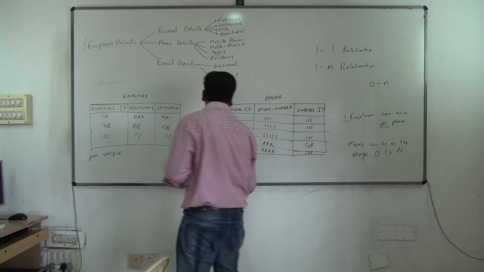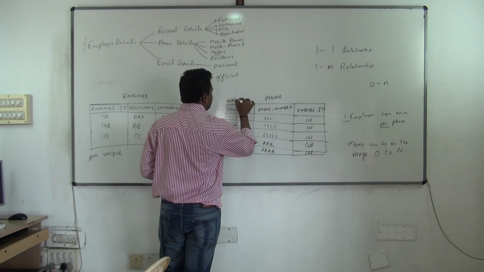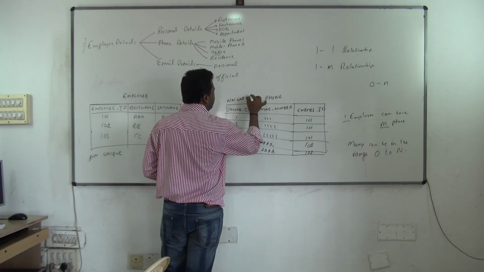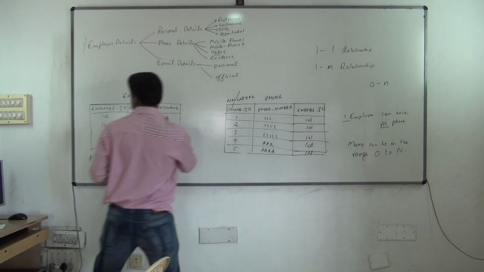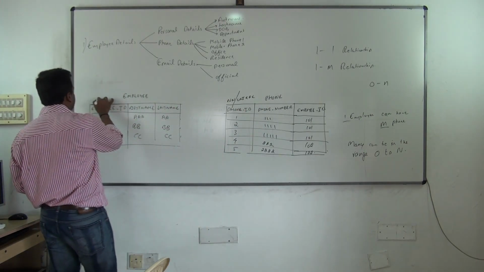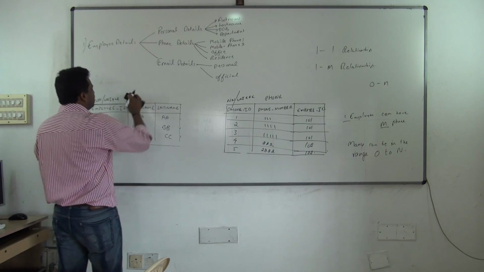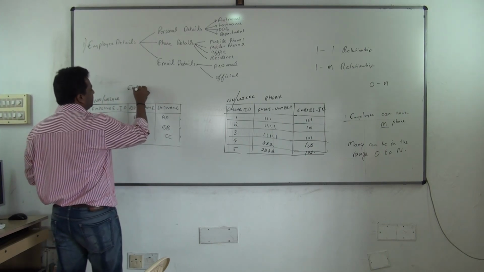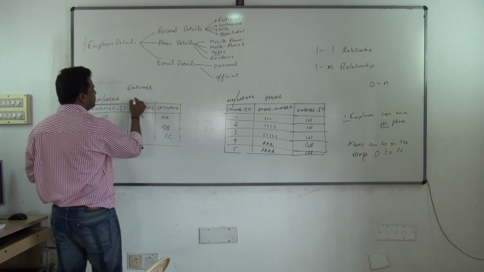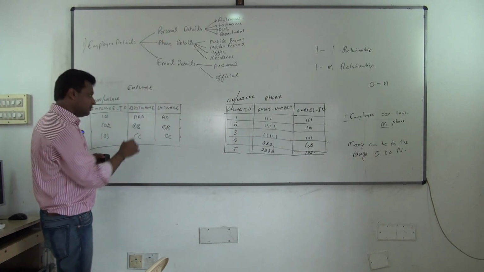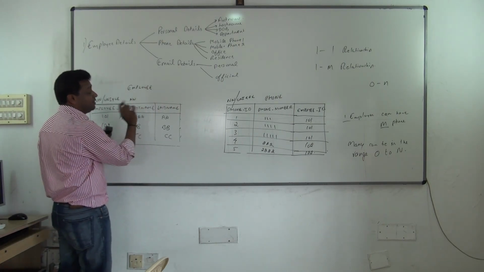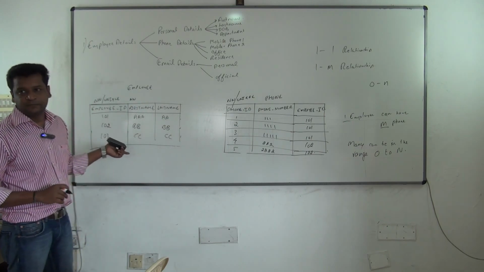So this is not null and unique, agreed. I'll write it on the top. This is also not null and it is unique. Like this you can apply constraints on other columns. For first name, only not null, don't make it unique.